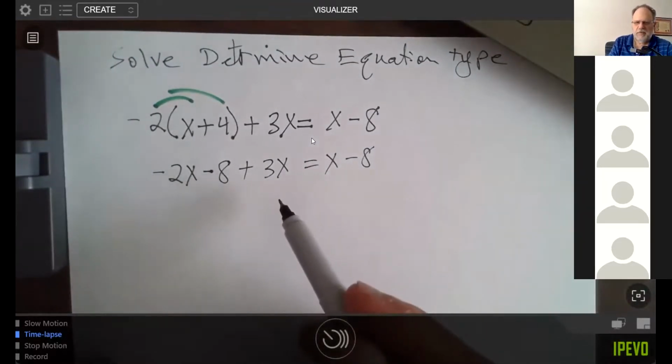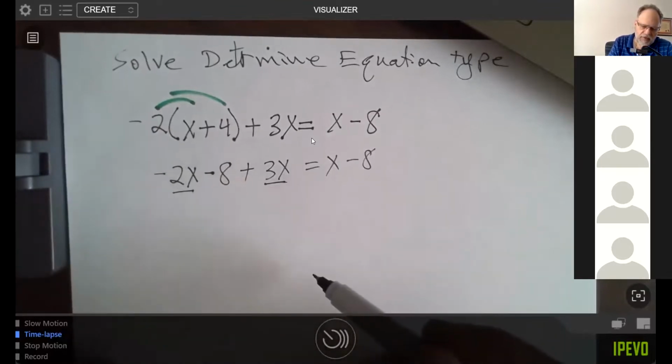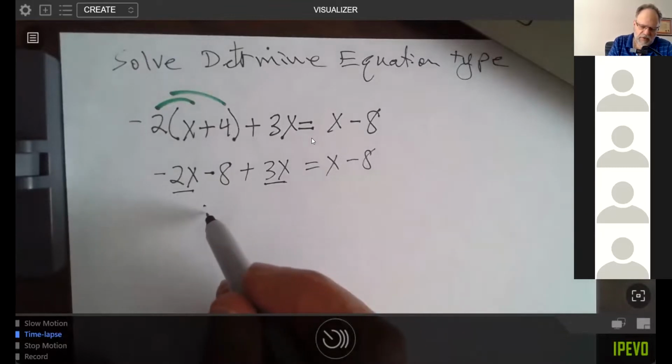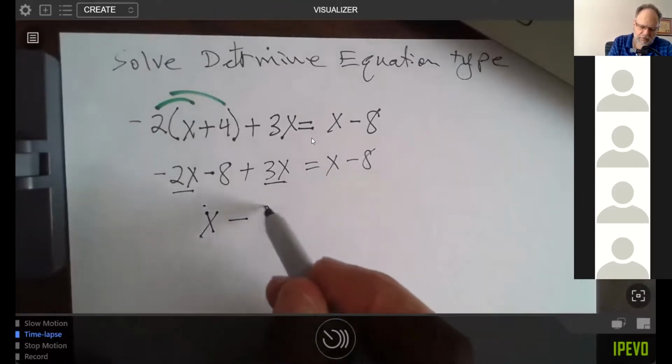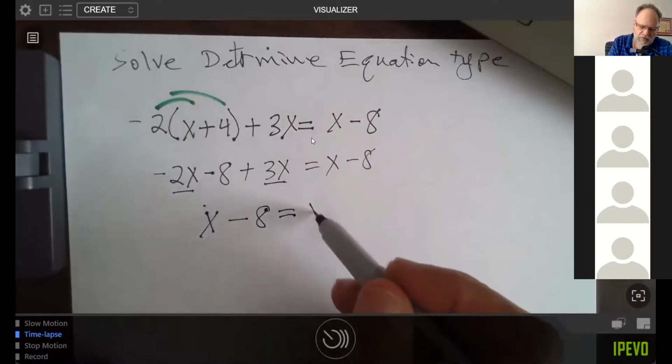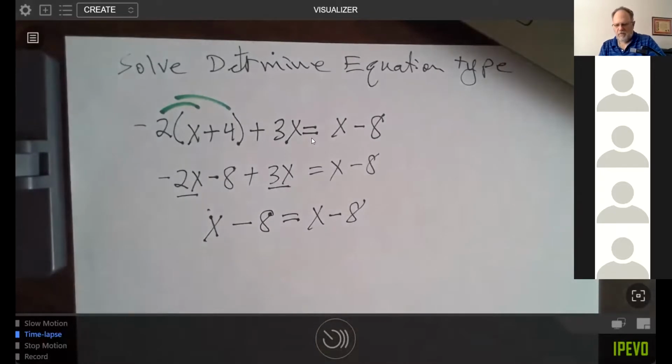Okay, now what do we do? Combine like terms, right? So you've got a -2x and a positive 3x. That'll give us a positive 1x, minus 8 equals 2x minus 8. Questions there?